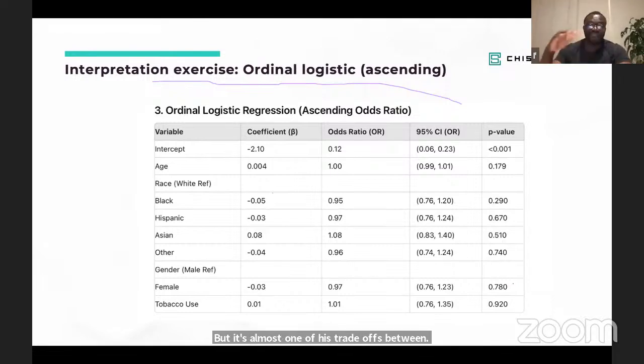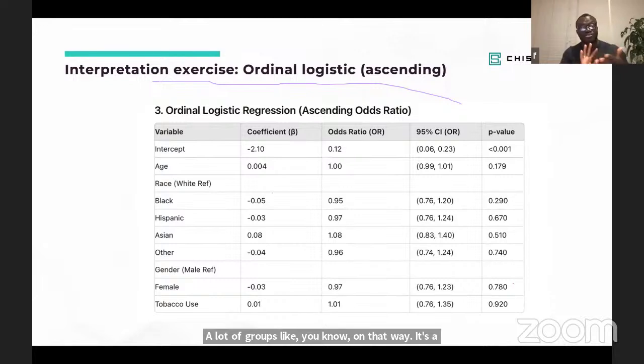It's more valid to have a lot of groups like underweight, normal weight, overweight, obese and morbidly obese. That allows you to control for confounding within those levels. That is valid, but the trade-off is precision. Precision is always a trade-off for validity.